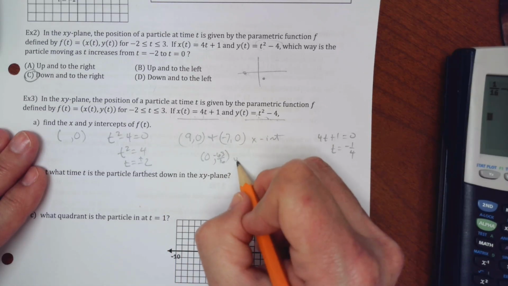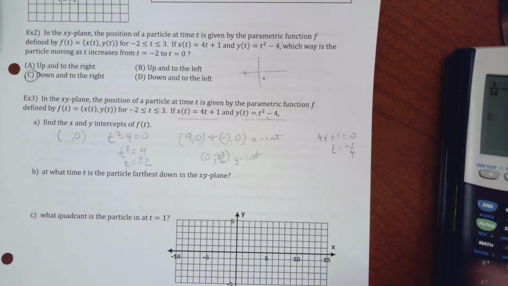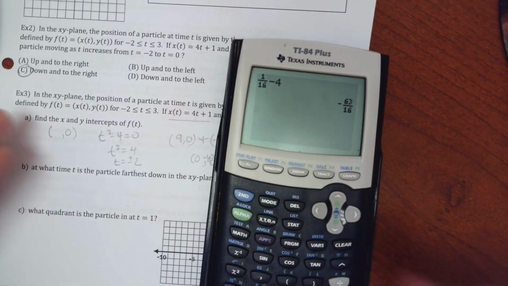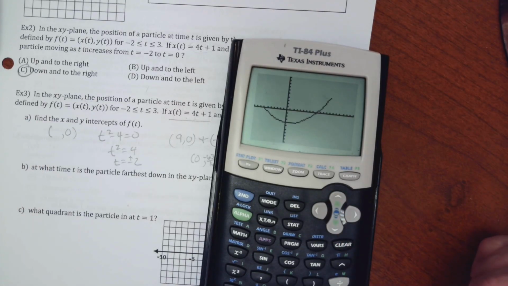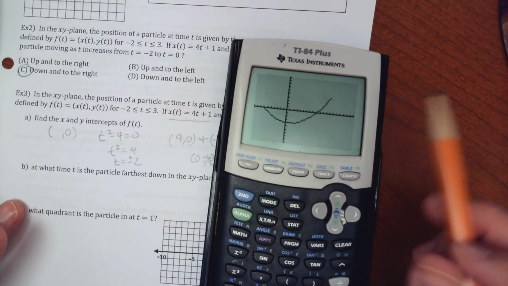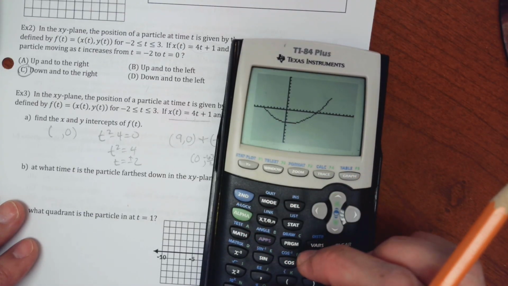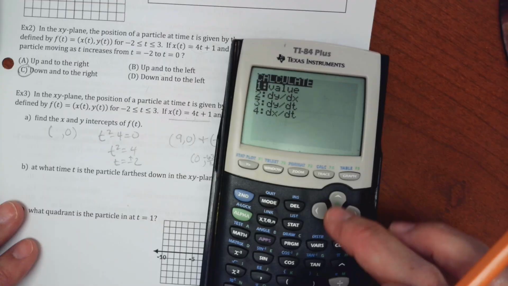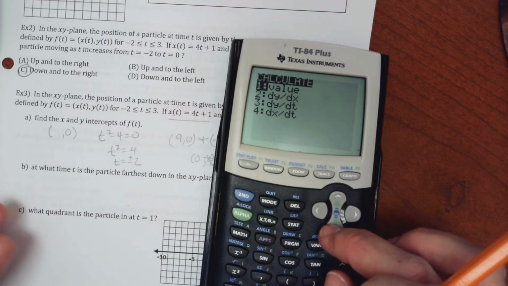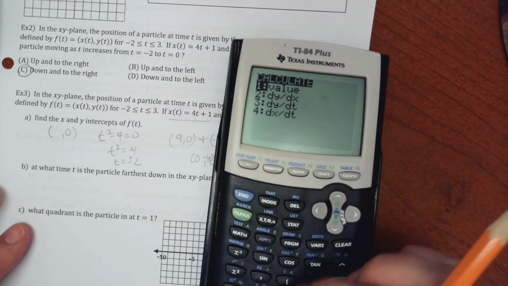And all these things can be confirmed on your calculator as well. Like if you wanted to go ahead and look at the graph and find the y-intercept right there. Well, I'm not sure what these calculations are going to do for you.